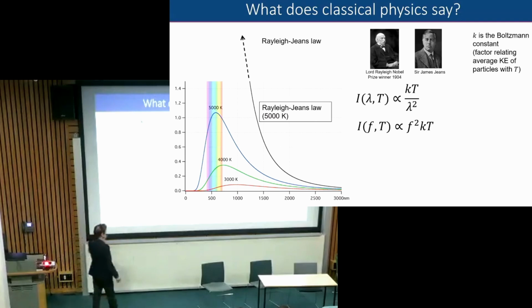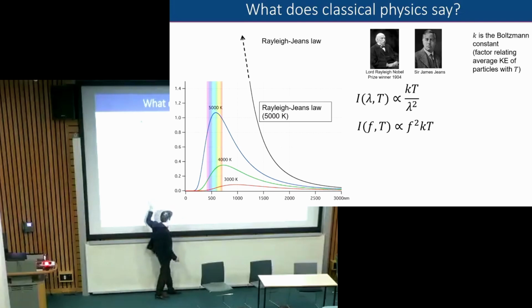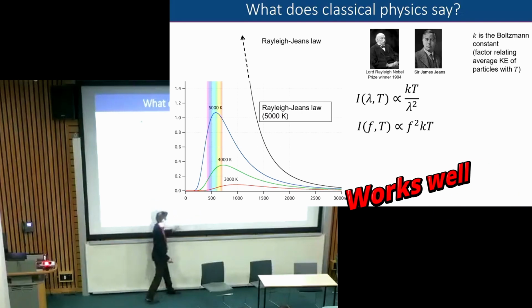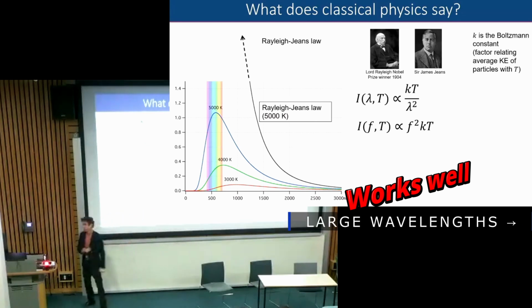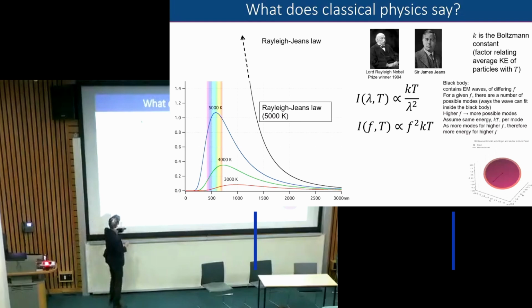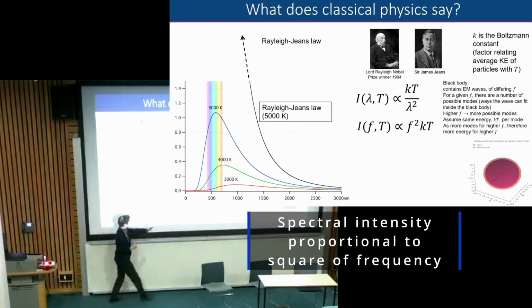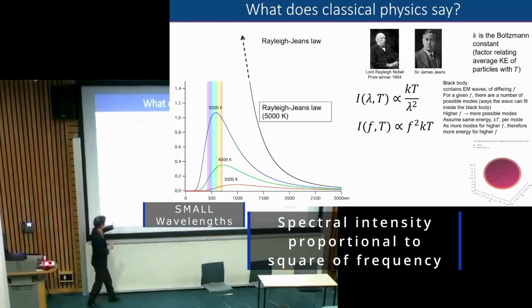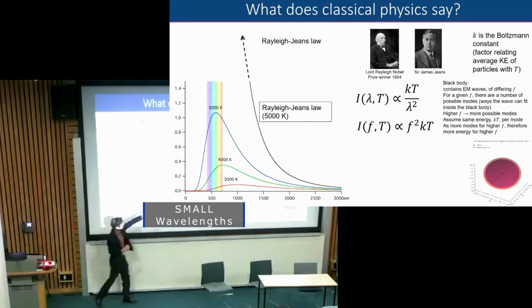Well, actually, although it's hard to see here on this example, this Rayleigh-Jeans law for explaining the spectrum of EM radiation does actually work quite well if you go to large enough wavelengths or low enough frequencies. Basically, what that means is that as we go to shorter and shorter wavelengths, where that's lambda there, intensity is proportional to 1 over lambda squared, proportional to frequency squared.